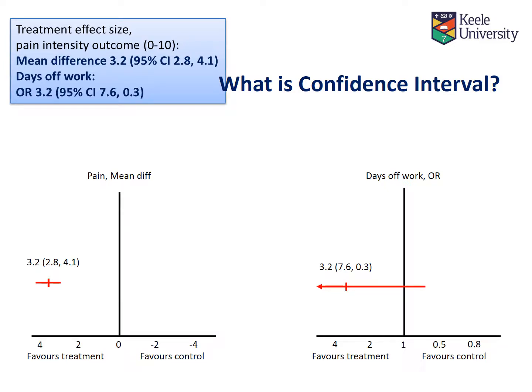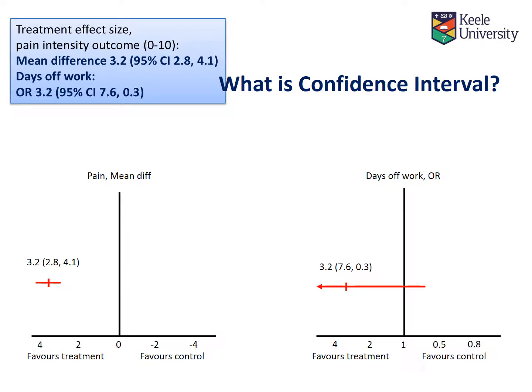And what that means is that if we draw the figures, which is a mean of 3.2, confidence interval 2.8 to 4.1, we draw like that. The middle vertical red line is the mean, 3.2. The horizontal line is the range of the confidence interval. And you can see the information.